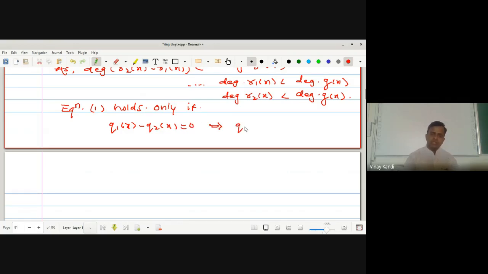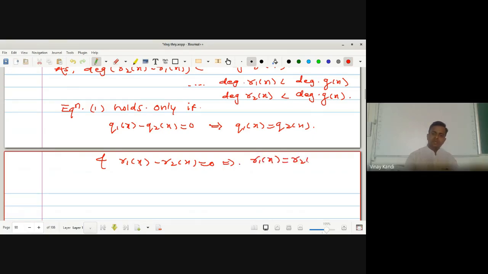This implies q1 of x is equal to q2 of x, and r1 of x minus r2 of x must be 0 polynomial, which implies r1 of x is equal to r2 of x.